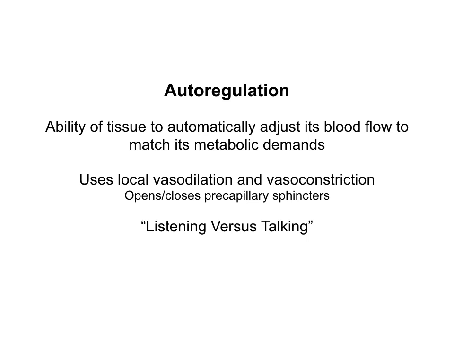And this adjustment involves local vasodilation and vasoconstriction within the tissue. This dilation and constriction is going to exist at the level of the precapillary sphincters. So those sphincters are going to open and close, and it's going to regulate blood flow through your capillaries.